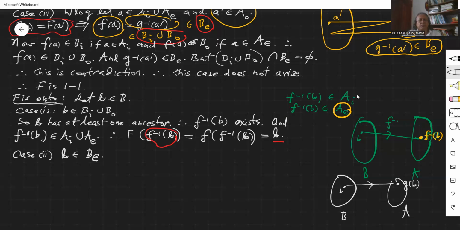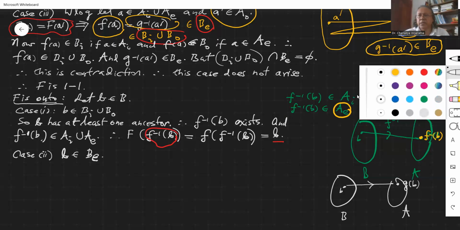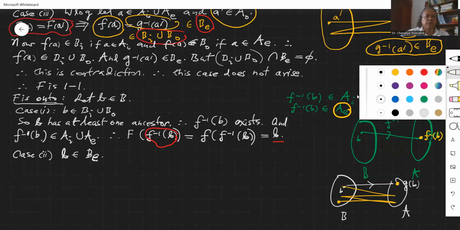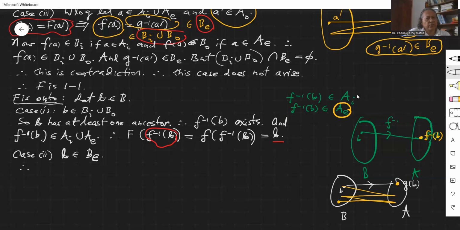Now here, since b has an even number of ancestors, this ends in b. Now this element G of b is in A, and it has an odd number of ancestors. So therefore, G of b belongs to AO.